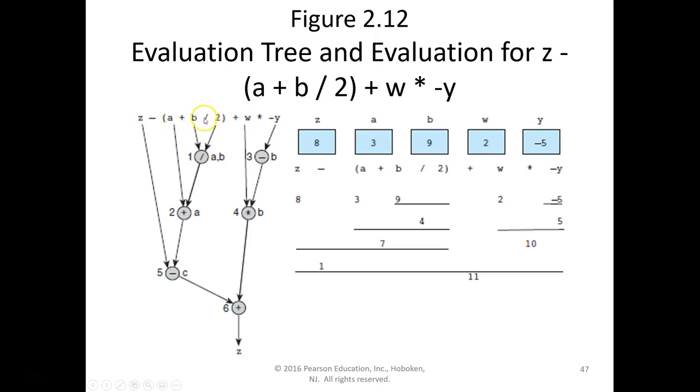This one comes first, so you do b divided by 2, and then you do the parentheses, then z minus this part, then the multiplication, and then the addition. Okay, this is just to show you what is done first.